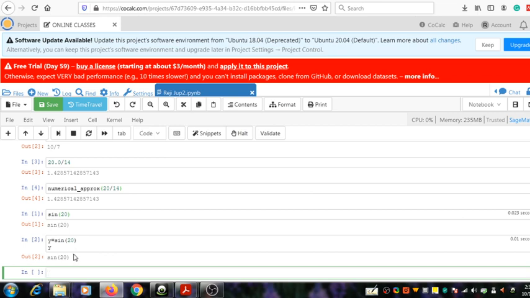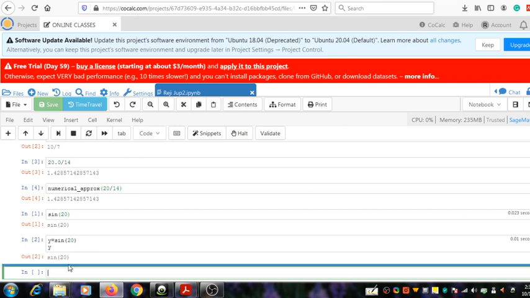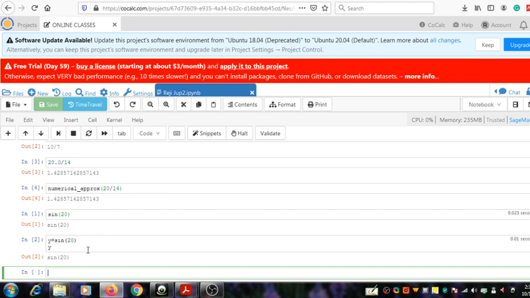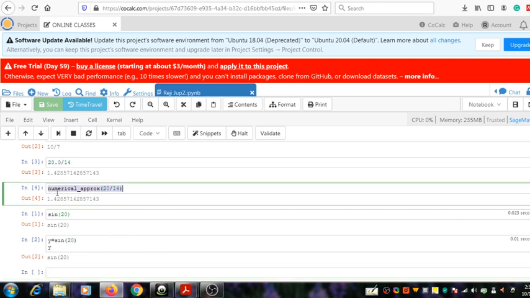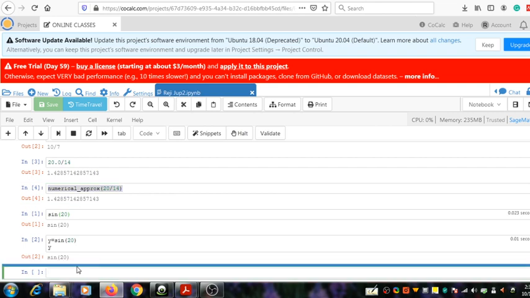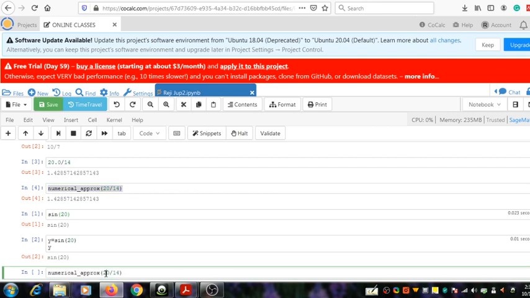But if you want to obtain the value, you can try this command, if you actually want the value of y. If you use y inside the numerical approximation function, what is going to be displayed? Let's try it.